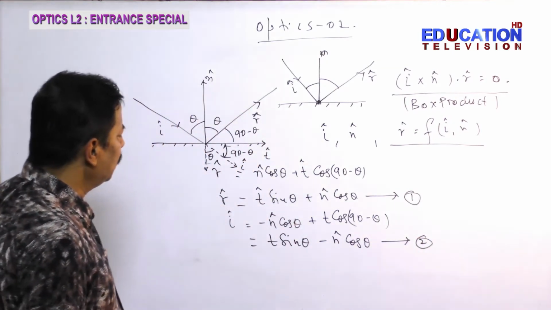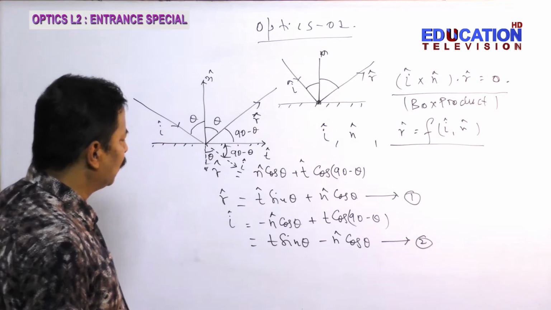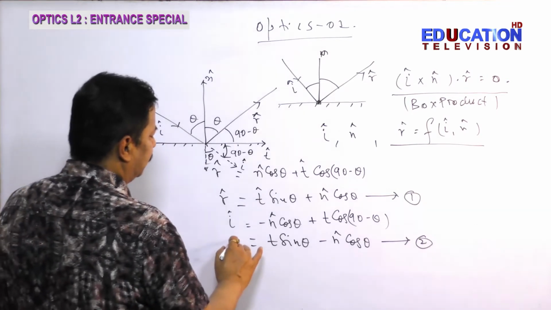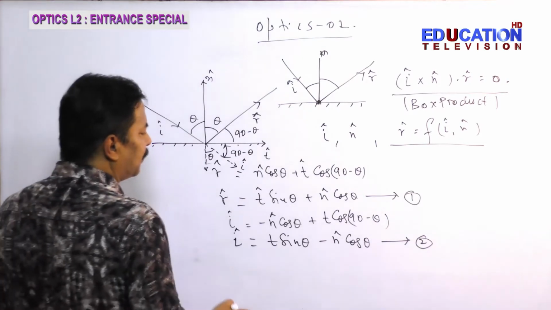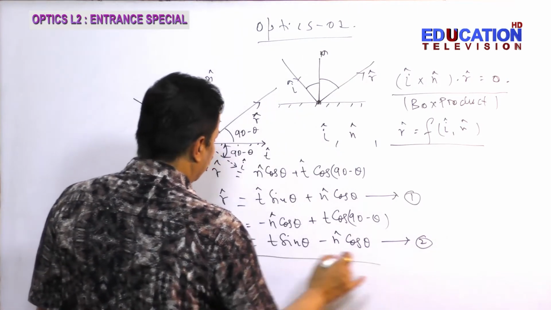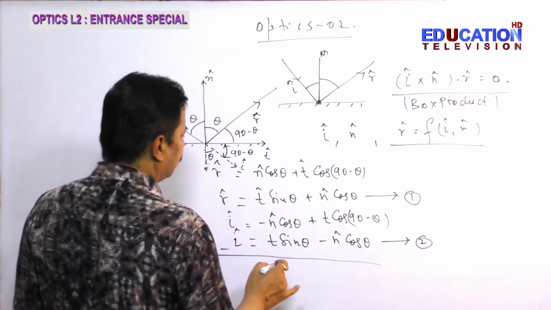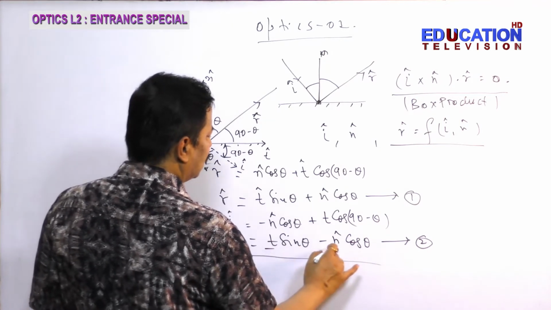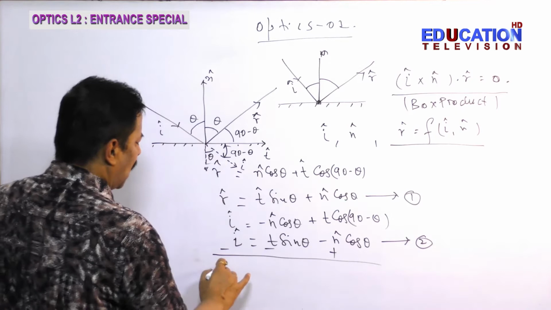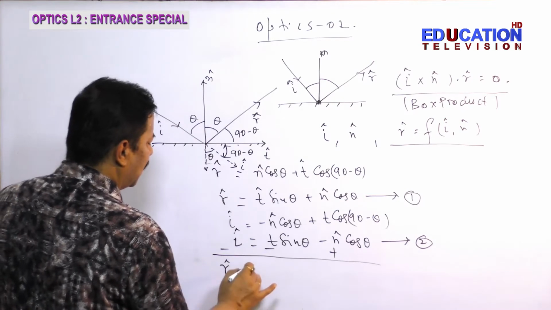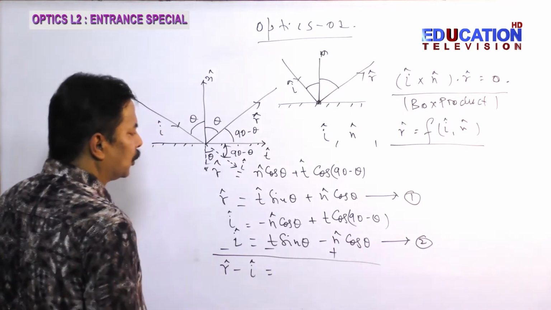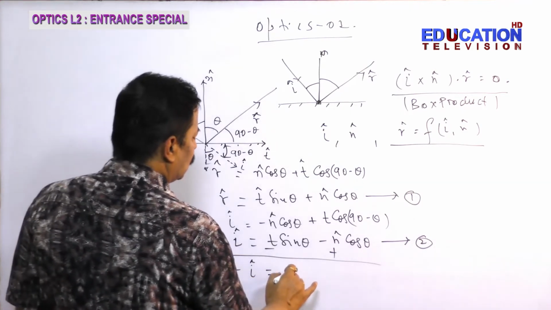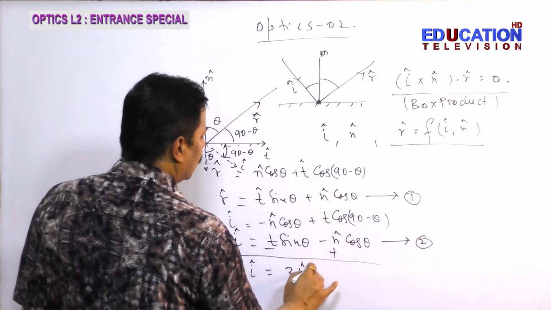Now what do you do? You subtract these two. So this is I, this is I. So if we subtract, what are we getting? This is minus, and this is plus. So r vector minus I vector should be equal to 2n cos theta.